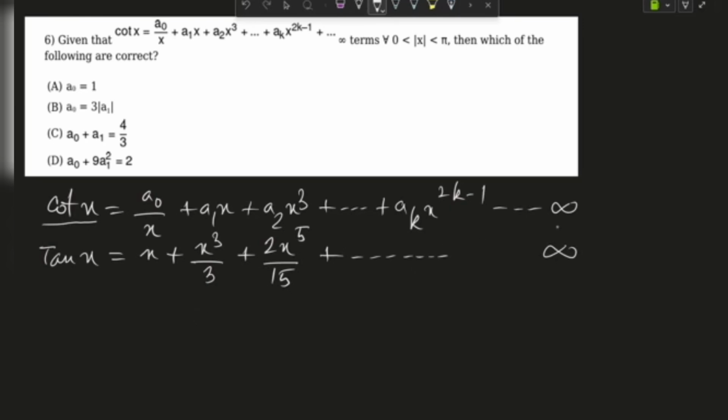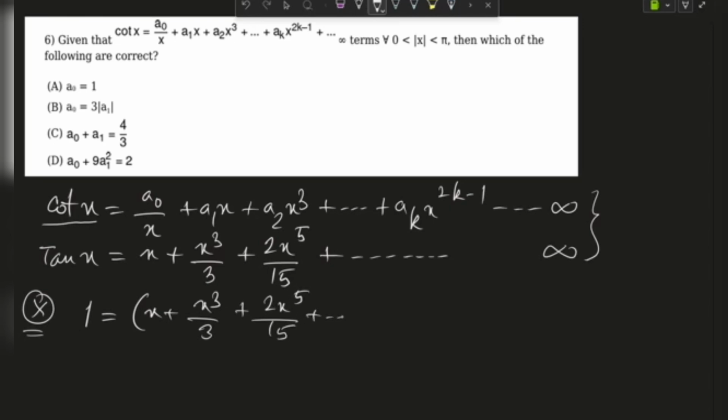Now I will simply multiply these two equations. So 1 is equivalent to x plus x cube by 3 plus 2x power 5 by 15 plus, till infinity, times a0 by x plus a1x plus a2x cube, again till infinity.